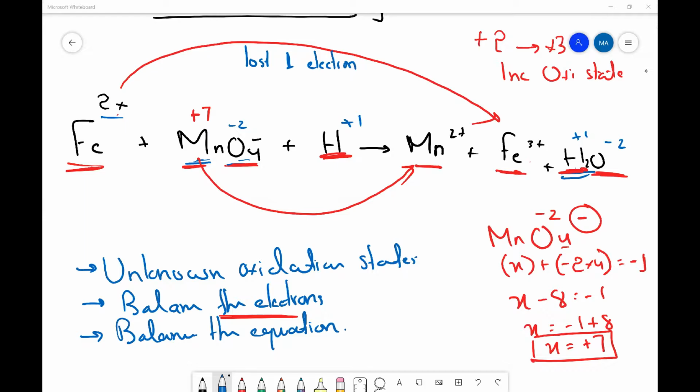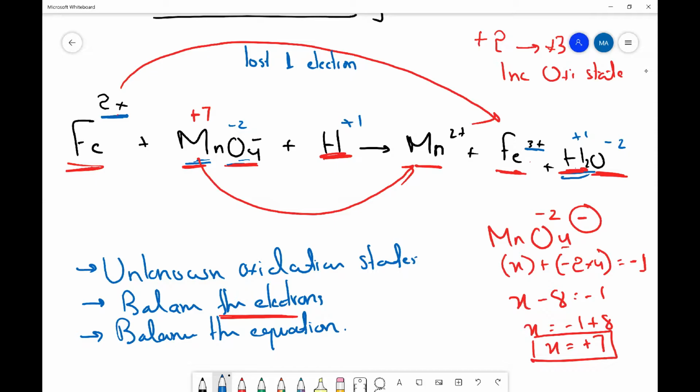Okay, listen to it again. Iron's oxidation state is increasing. It is plus 2 here, right? And it's plus 3 here. So increase in oxidation state is oxidation. Whenever an element oxidizes, its oxidation state increases, right?